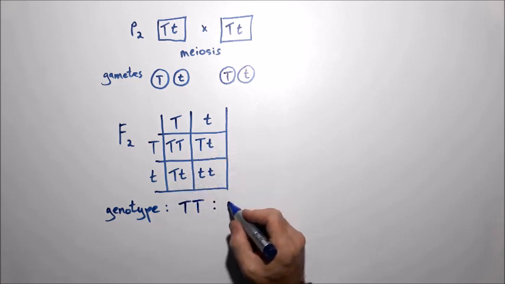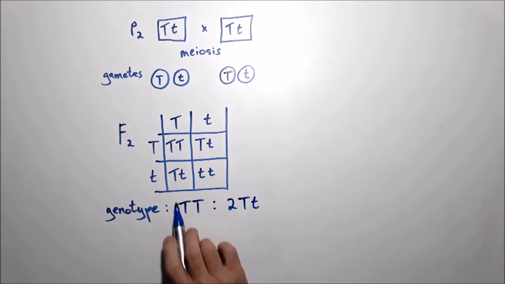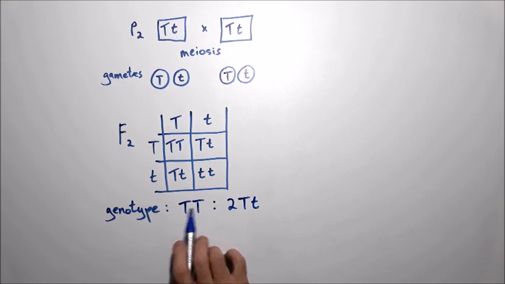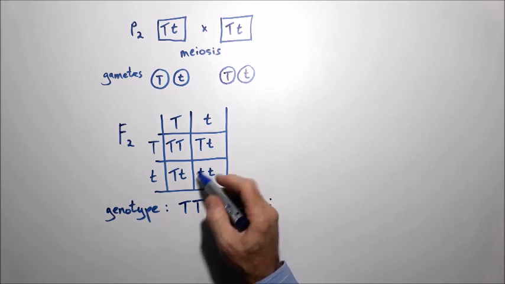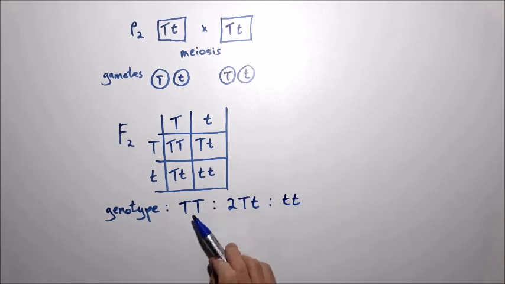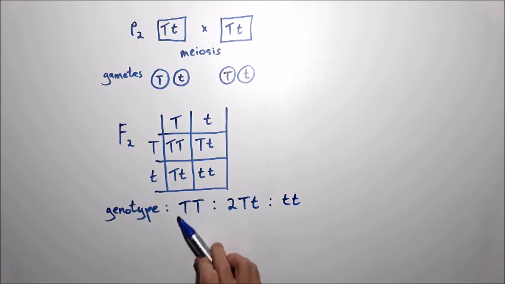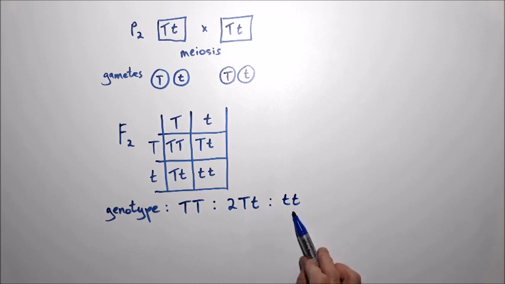Now there's 2 of these, so we're going to write 2 big T, small t. Now you don't write 1 big T, like in the maths you don't write 1x, you just write x, but in 2x you write 2x. So it's the same principle. And then lastly, we have only one of these, small t, small t. So that's going to appear as a tall plant. These are both going to appear as a tall plant, and that's going to appear as a short plant.